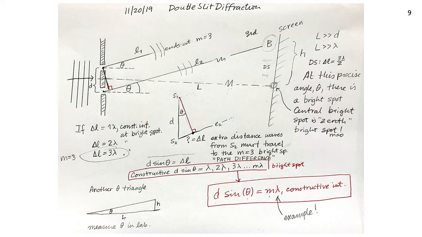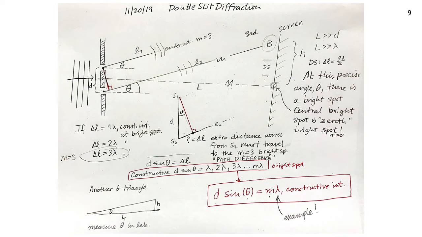Now, we can't measure this because it's going to be a few hundred angstroms if it's visible light. So we've got to make an approximation to that.